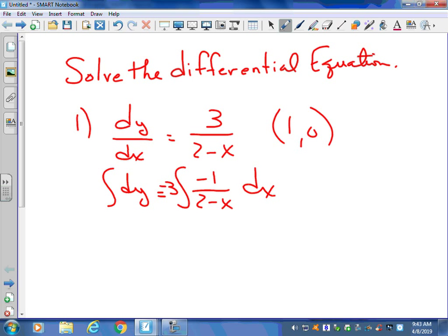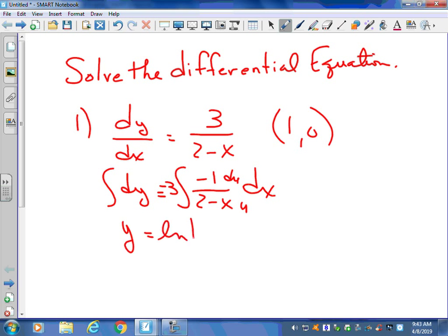Does everybody see why I took the 3 off? It had nothing to do with the integration, right? You can take numbers out that have nothing to do with your integration. Then we realized the bottom was u, so we looked at what's du, and du had to be -1, so we had to put a negative out here to compensate for putting the -1 in that wasn't there. Now we integrate. So this becomes y.